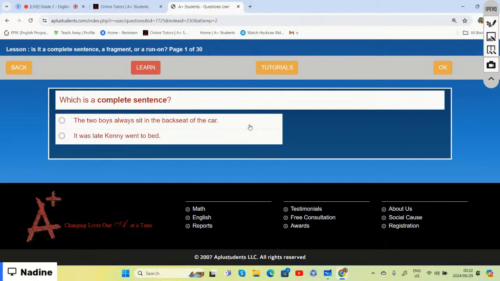So we need to say which one is a complete sentence. Is it option one, which says the two boys always sit in the back seat of the car, or option two, which is it was late, Kenny went to bed?